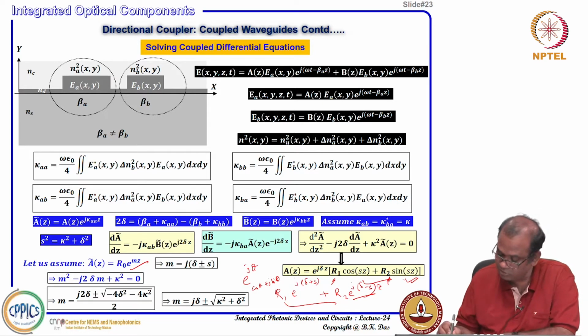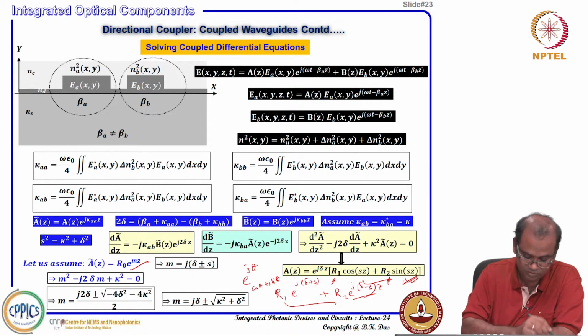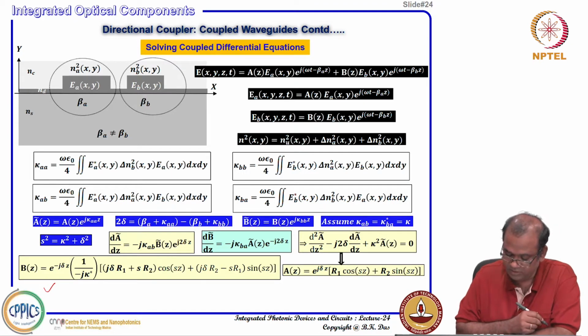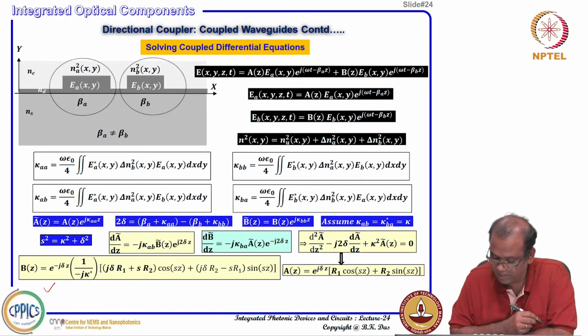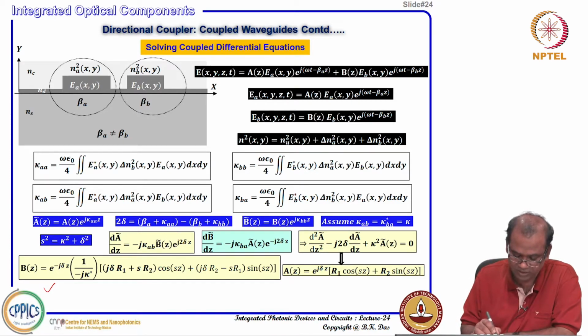Now, once you know this a z, I can use this a z here and find b z. I have written here how you will be getting the a z, b z solutions. In this case, I have just ignored the e to the power j kappa a term. Ultimately, you will be getting b z and a z.